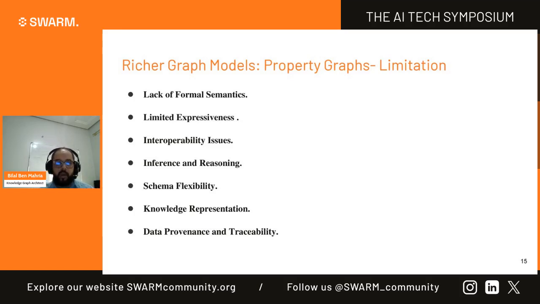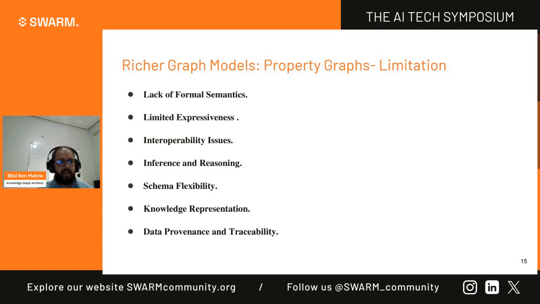And also the schema flexibility. The flexibility of schema is not always an advantage, okay? Because sometimes it can be a limitation in scenarios requiring, for example, strict data validation and consistency.